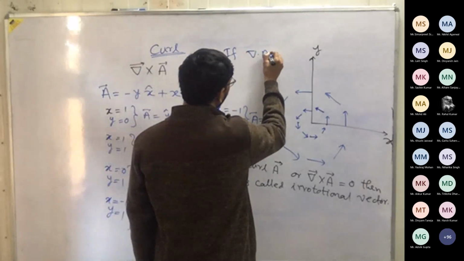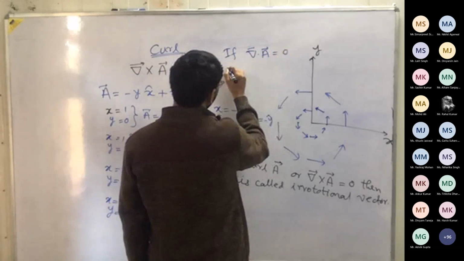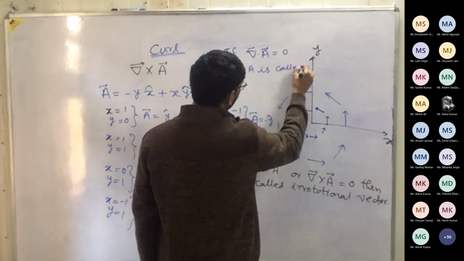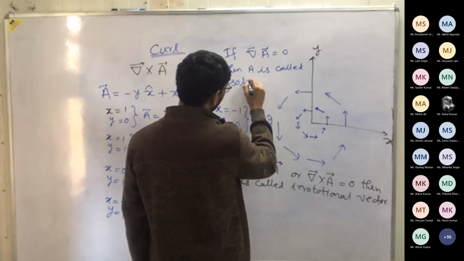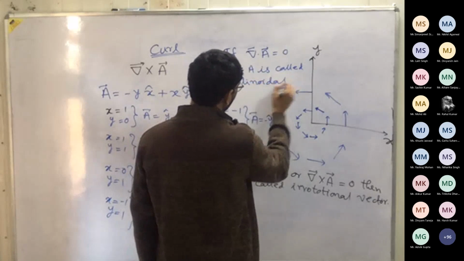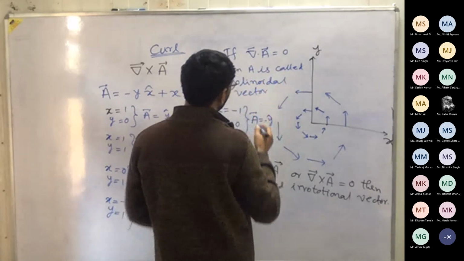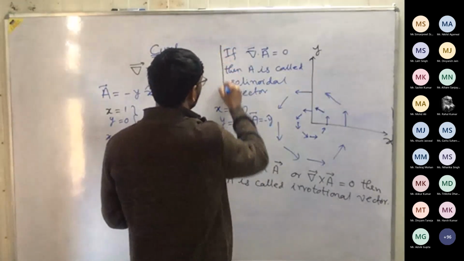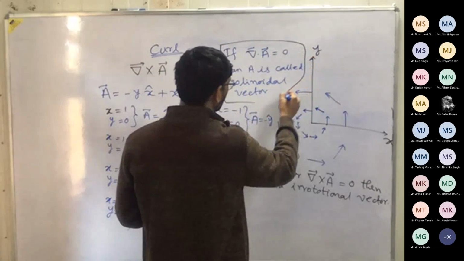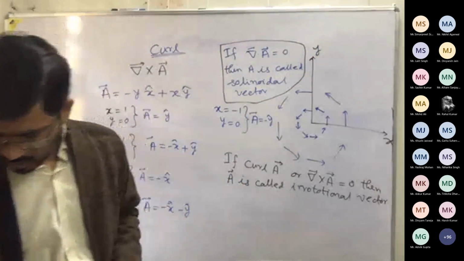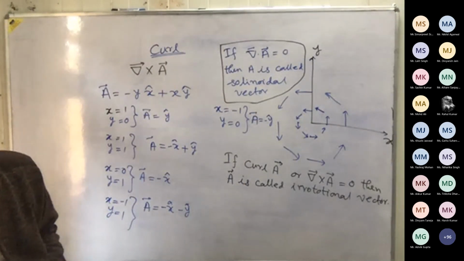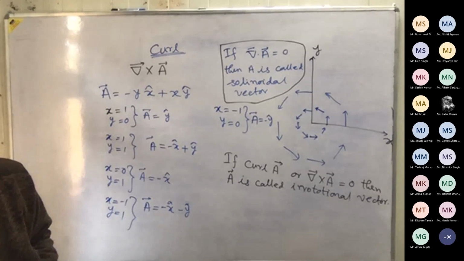If del dot A is equal to 0, then A is called solenoidal. Yeah, so these are the meanings.